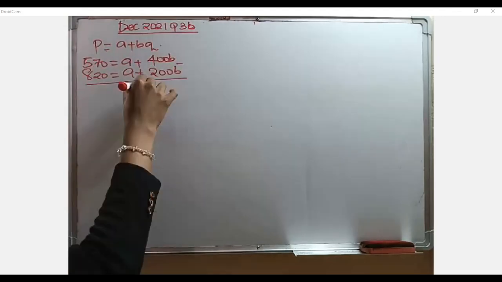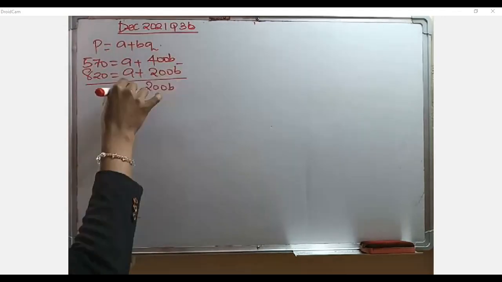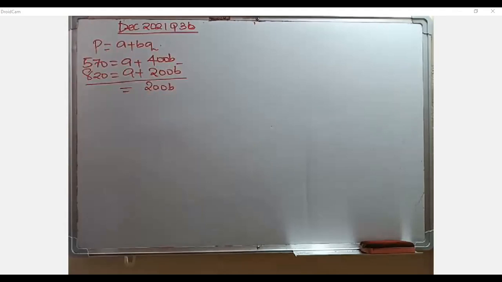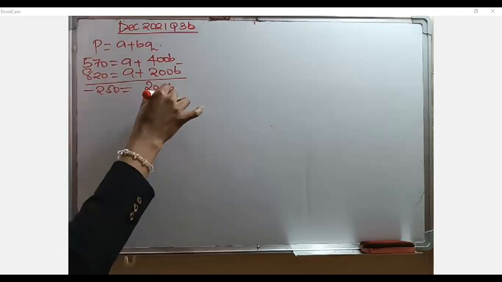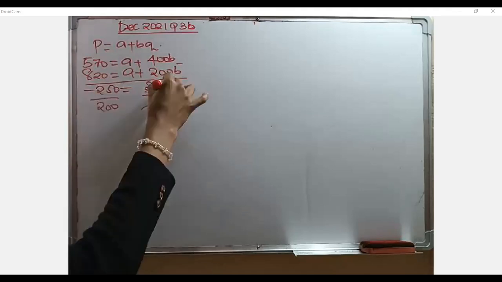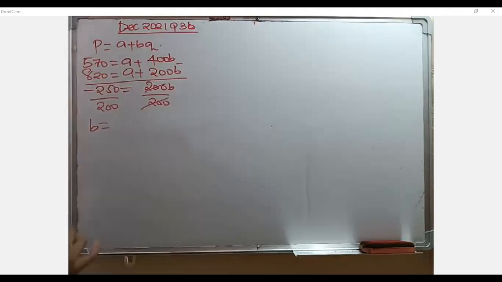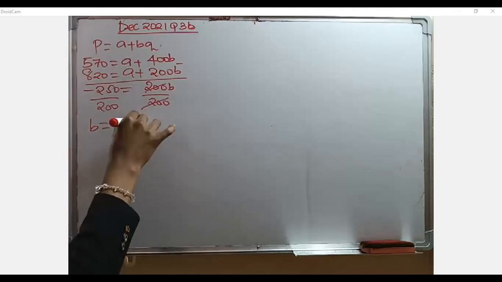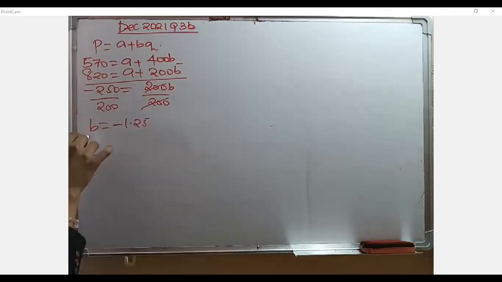So it will be negative 200B, which equals 570 minus 820, which is negative 250. Divide both sides by 200. So B is equal to what? Negative 1.25. Now let me substitute for A.